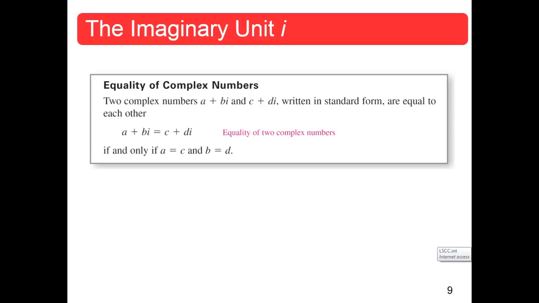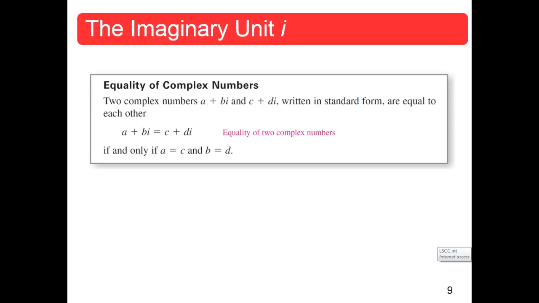Two complex numbers, A plus Bi and C plus Di, written in standard form, real part, imaginary part with i, are equal to each other if and only if A is equal to C, exactly the same, and B is equal to D, exactly the same.